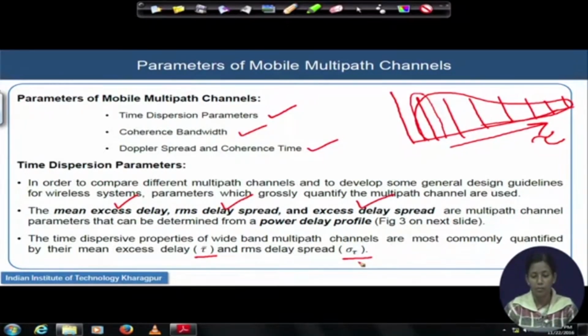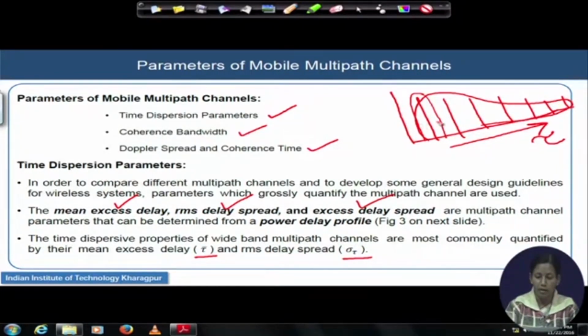understand because the arrival of the multipaths is a very random process. I told you that the profile will approximately follow an exponential decay profile, but where will be the mean and where will be the RMS delay spread, that is very important for us to understand, because based on this mean value and the RMS delay spread, we are going to define a lot of characteristics of the channel.